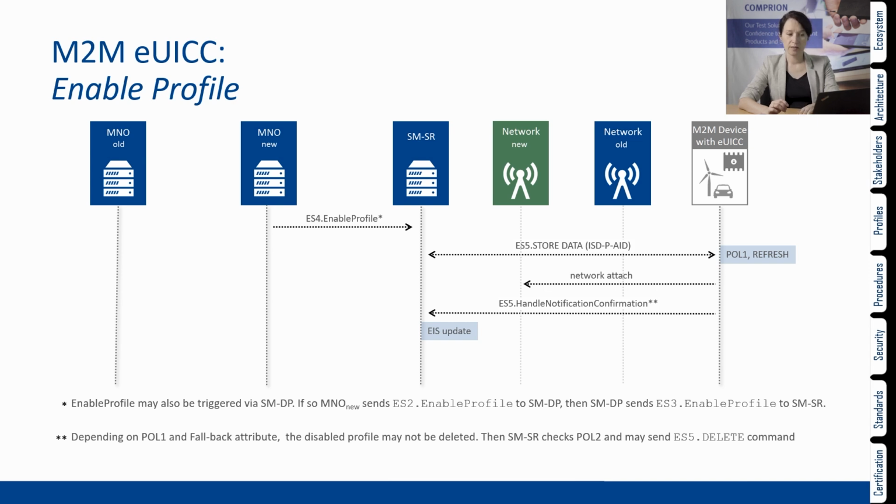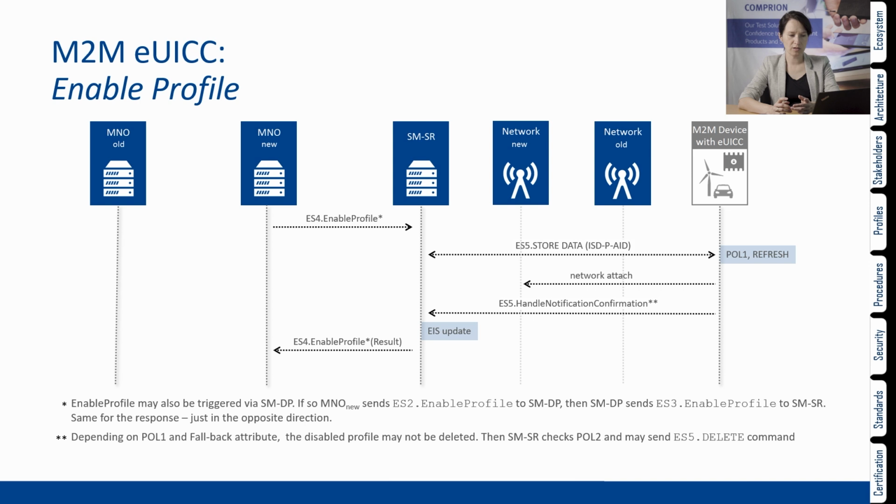Okay, and the SMSR may check policy 2, especially for this deleting. If it is required by policy 2, then the delete command will be sent. Again, this delete command is defined in the GSMA specification and the GlobalPlatform specifications.